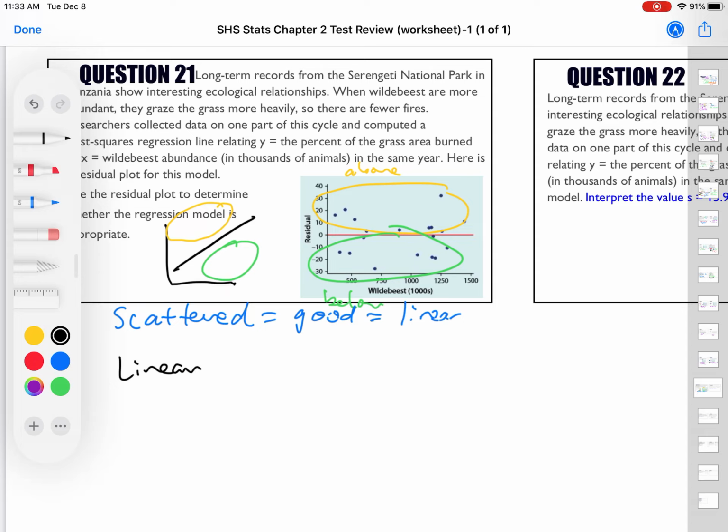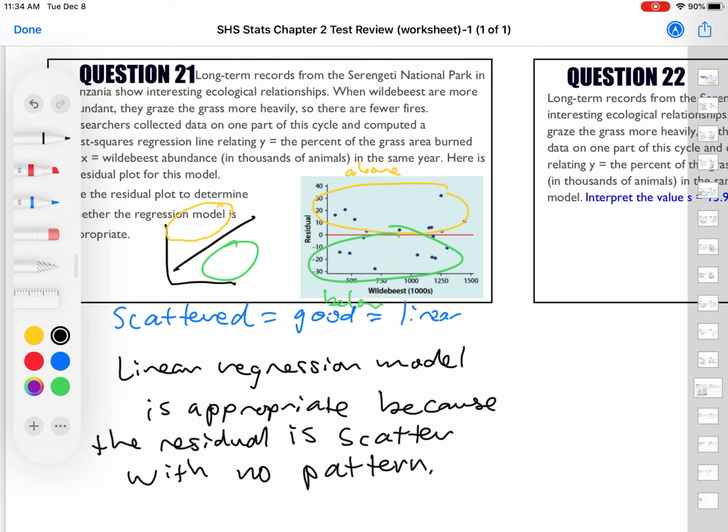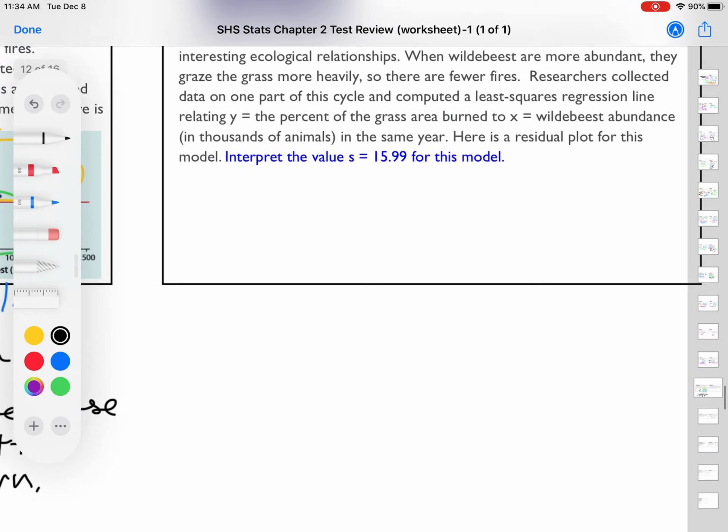Linear regression model is appropriate because the residual plot is scattered with no pattern. Okay, so if you see a pattern there, then that's bad for linear, and we have to use a different model like quadratics.